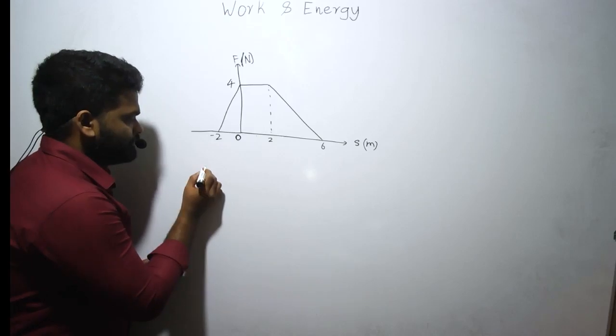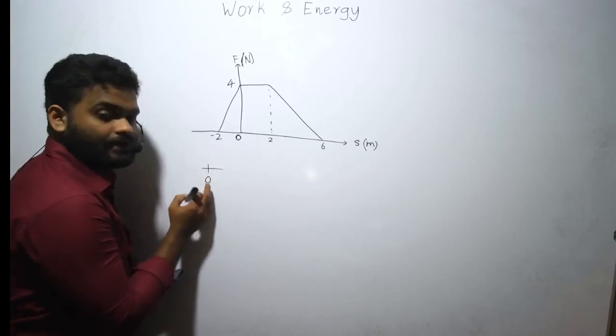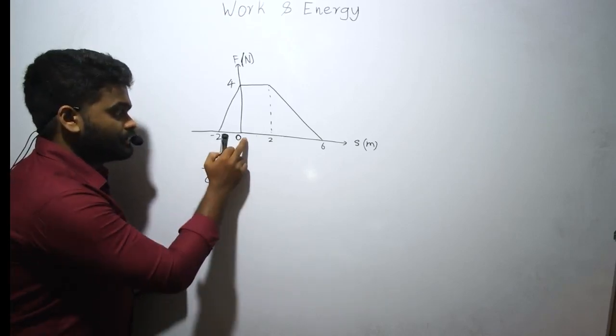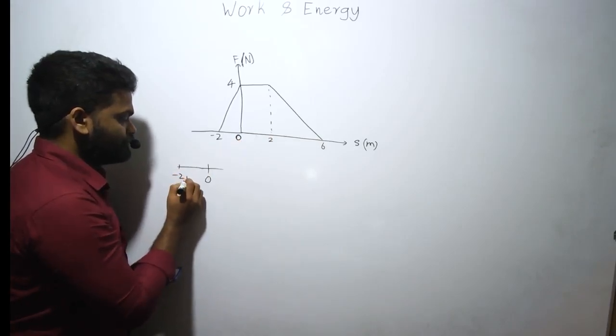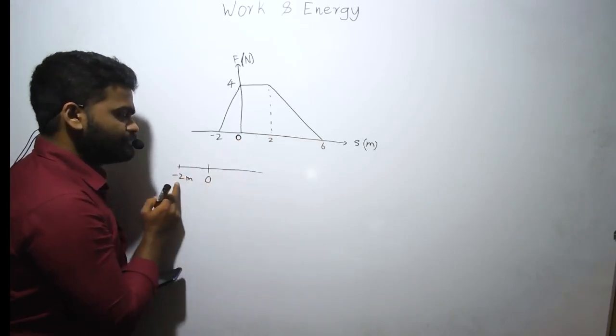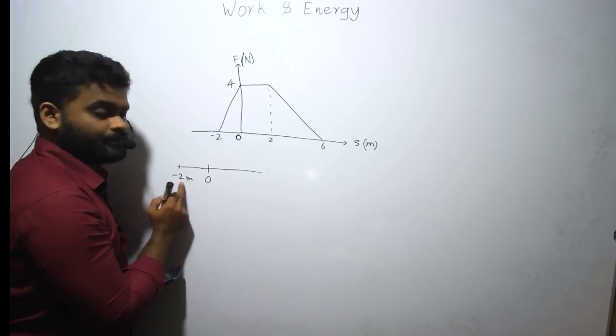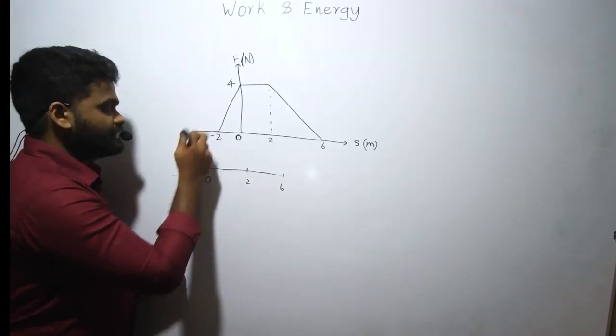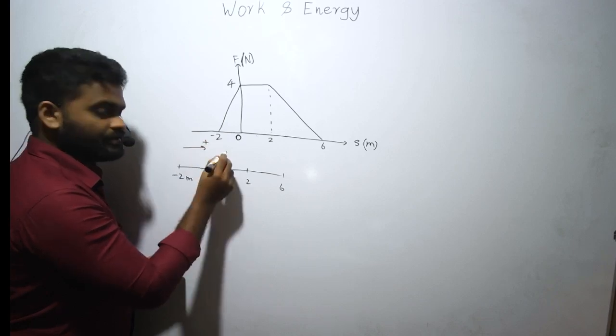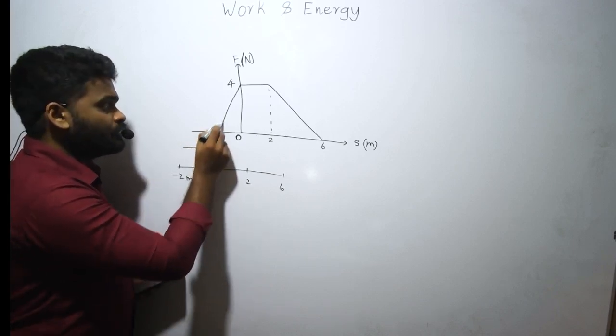I'll just explain that further. So here you have the origin, displacement 0. Minus 2 meters means it is behind the origin. Then you have 2 and 6, like this. You can see that if the positive direction is to this side, force is always positive.